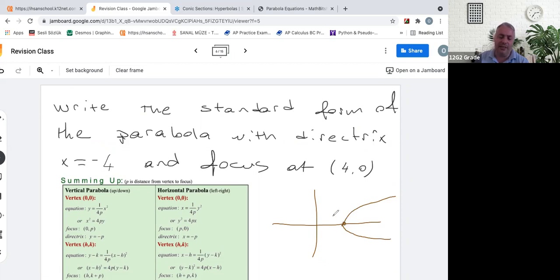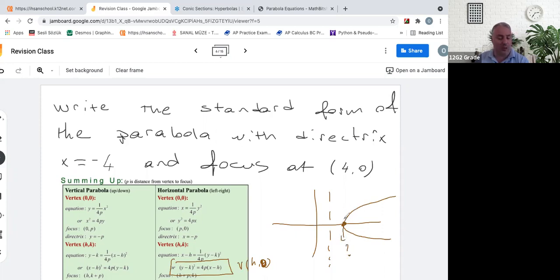The vertex is here and the directrix is here. What am I going to do? The formula is y minus k squared is equal to 4 times p times x minus h. Here h comma k is the vertex. In this case, if the vertex is on the x-axis, k is 0.